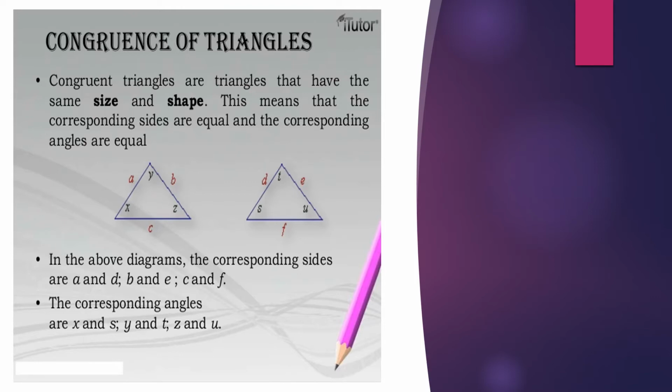As shown in the diagram, the corresponding sides are A corresponding to D, B corresponding to E and C corresponding to F. So the corresponding angles are also there: X is S, Y and T, Z and U. So this is the congruence of triangles which have the same shape and size.